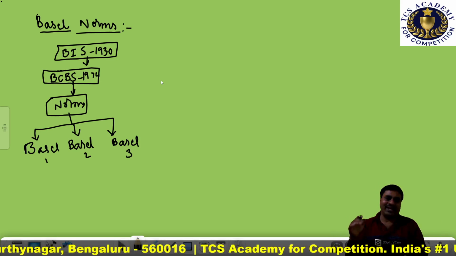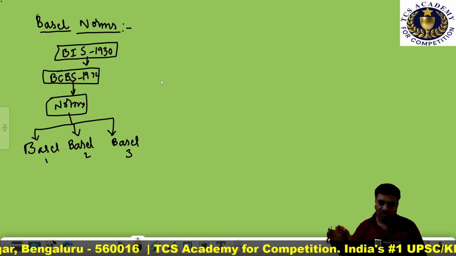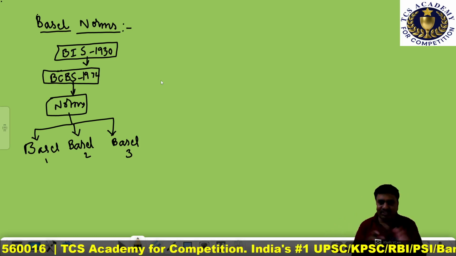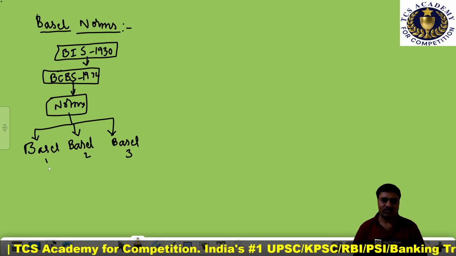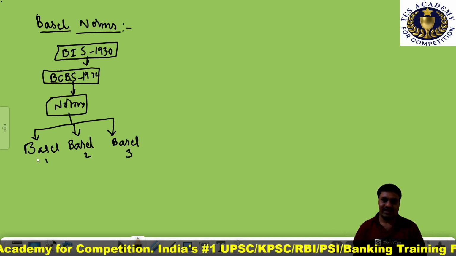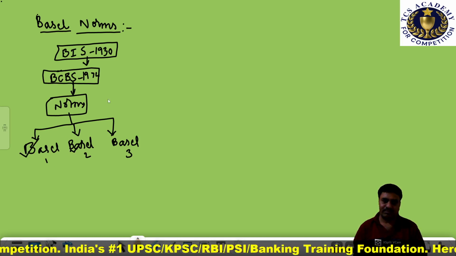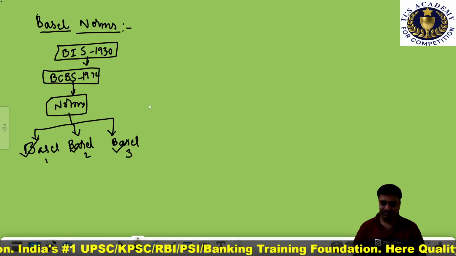Till date, 3 Basel norms have been released by BCBS. Collectively, these are considered Basel Accords: Basel 1, Basel 2, and Basel 3.